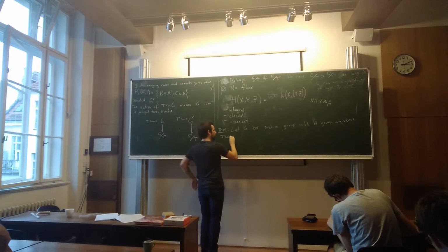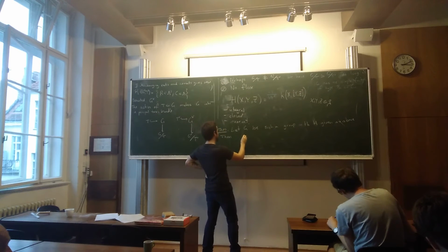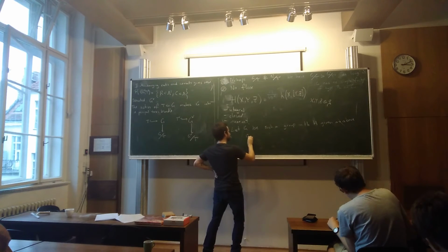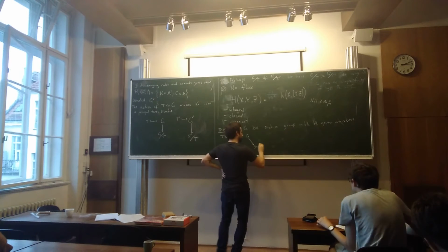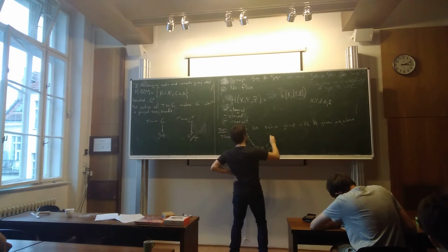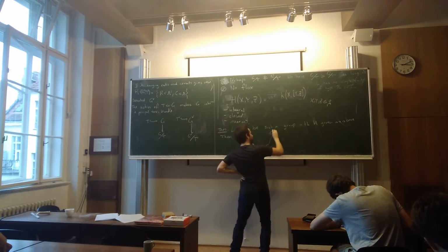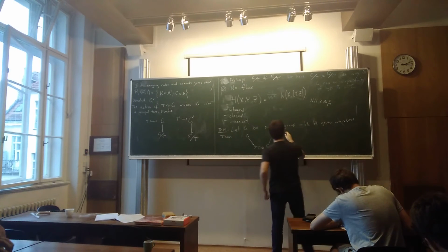Then this is the diagram that you have, and so G and G check are related by T-duality.